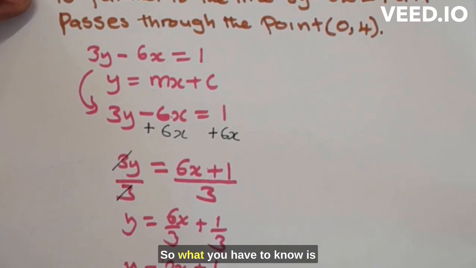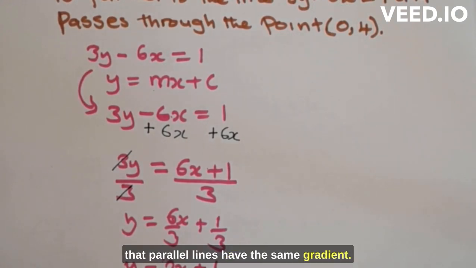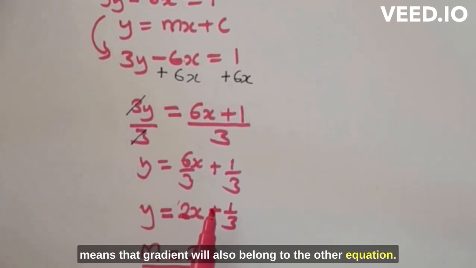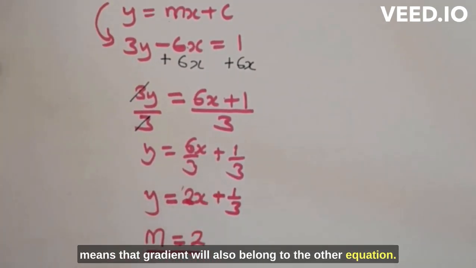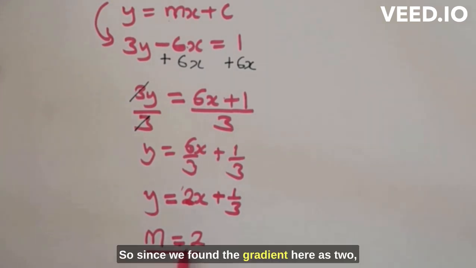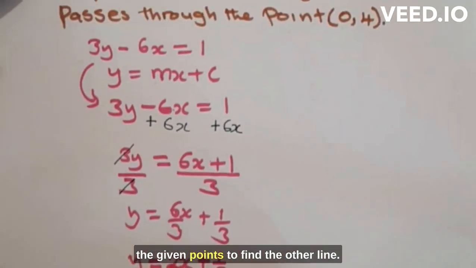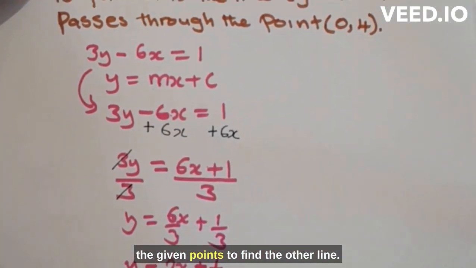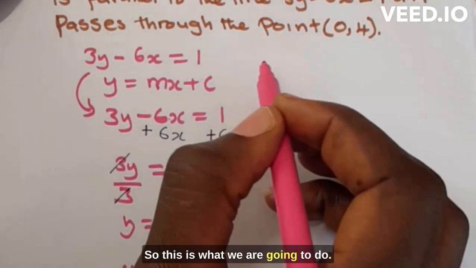Once you find the gradient of the first line, that gradient will also belong to the other equation.